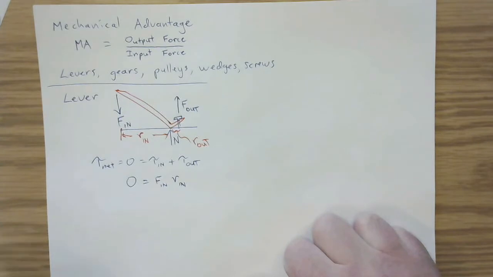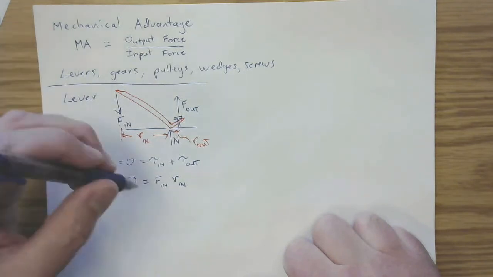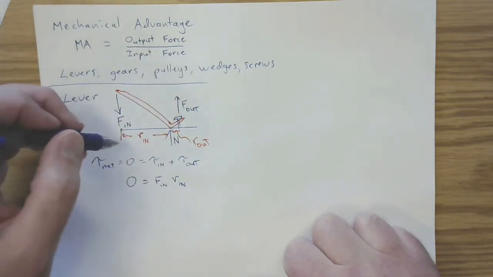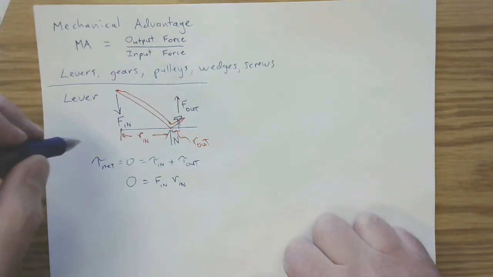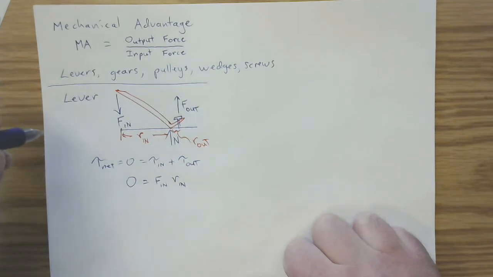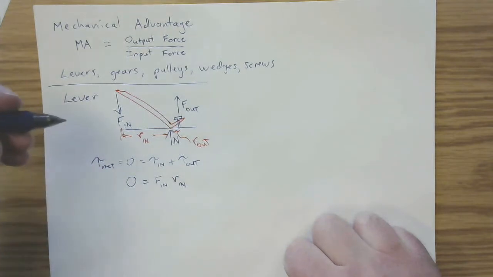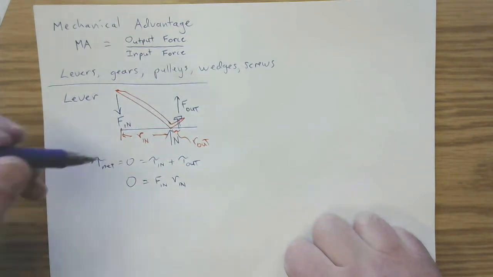And then the output force, remember our subtlety there, I got the signs backwards. No, that's counterclockwise. Oh my goodness, my arrow's pointing the wrong way. I love doing this on the fly like this because I always make mistakes.